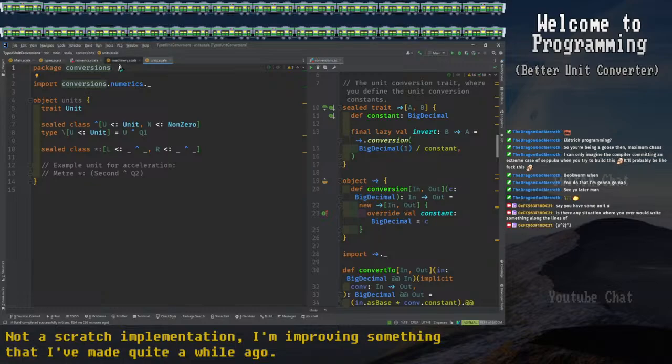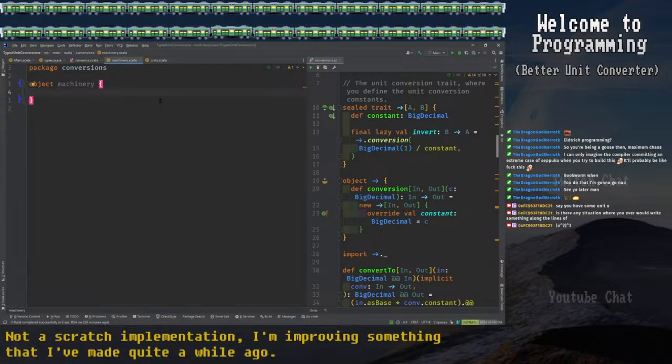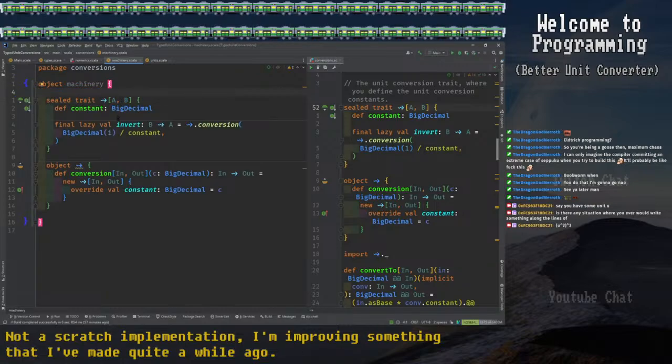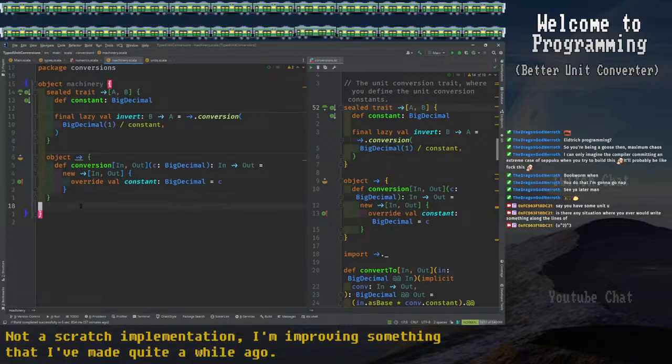So let's start making the machinery. I can probably just copy this, right? Yeah. That's cool.